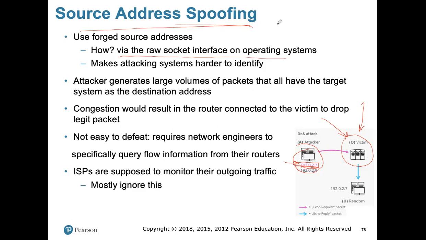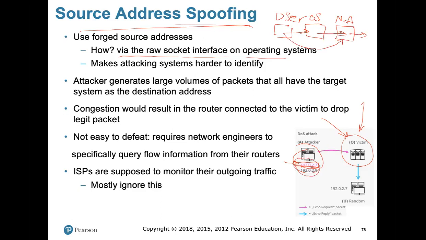So here is the user program, here is the operating system, and here is the network adapter. The user uses the operating system to send data to the network. But there are some ways that you can directly change the data, and one portion of that is the IP address.